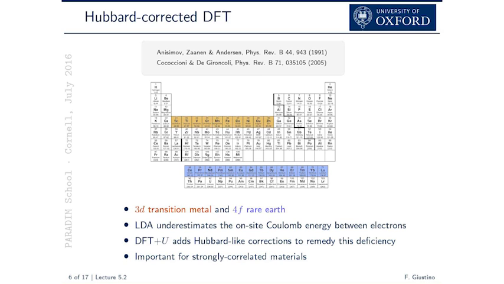The main idea is that these things were developed to address systems where you have magnetism, but mostly magnetism in elements of the transition metal row, so 3d elements, or the 4f elements. If you think about it, what is unique about these two rows is that the 3d states have no nodes.